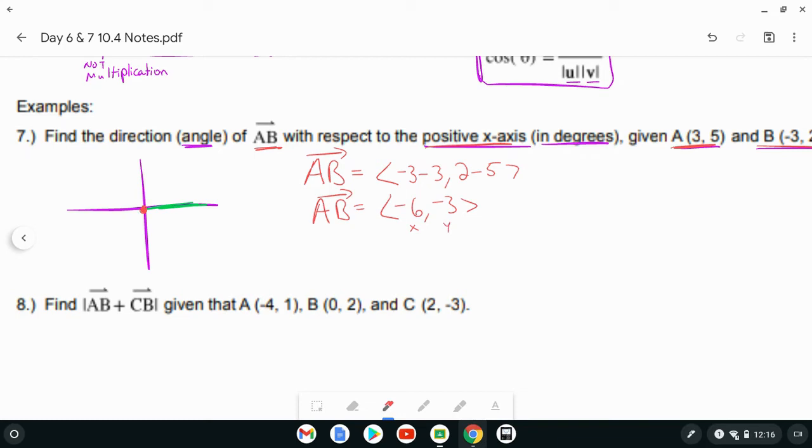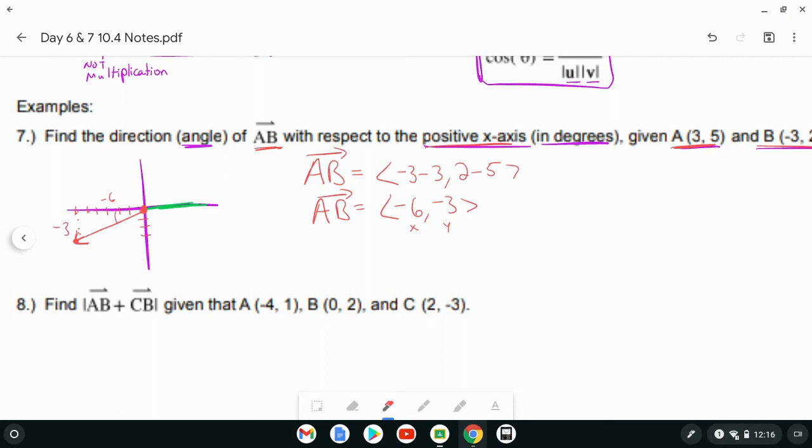So from the origin, we want to go to (-6, -3). So here is our vector AB. Knowing that, we can go ahead and make this right triangle. Again, horizontal is negative 6, vertical is negative 3.